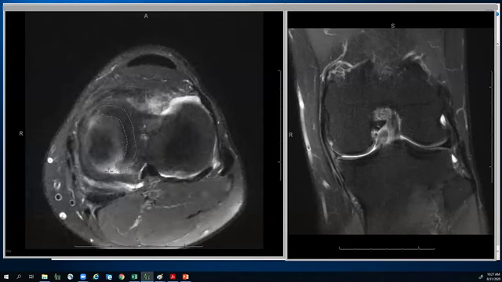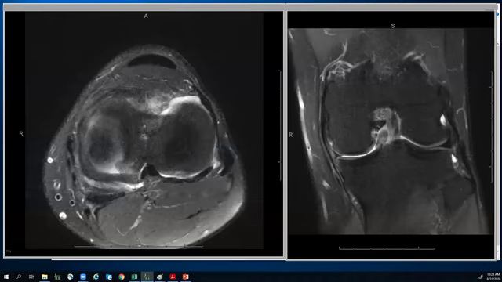I need to pan around just a little bit to figure out what I'm looking at. The native meniscal material is markedly reduced in thickness, and the reason is that half of its volume is flipped inwards, forming this handle. So every so often you catch this very nicely in the axial plane.